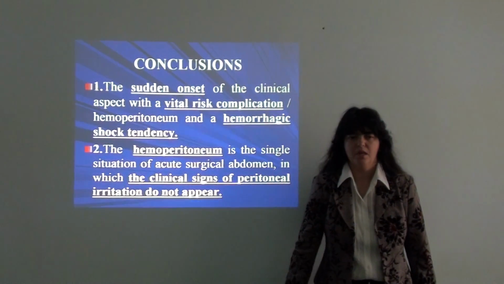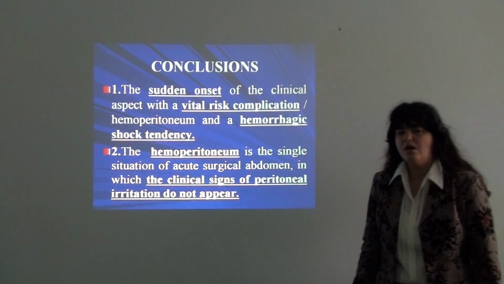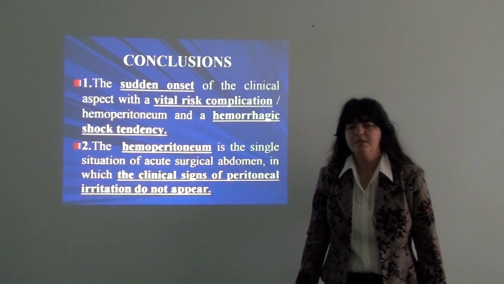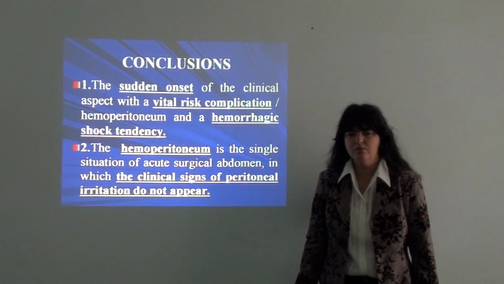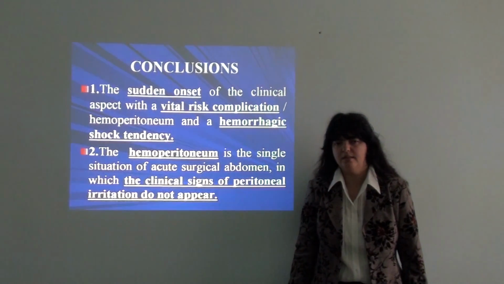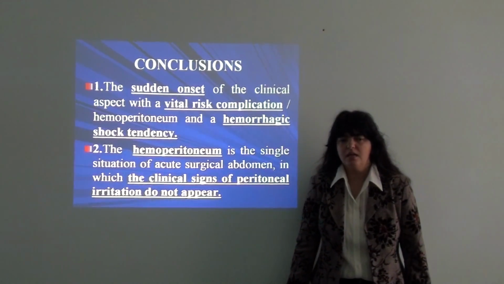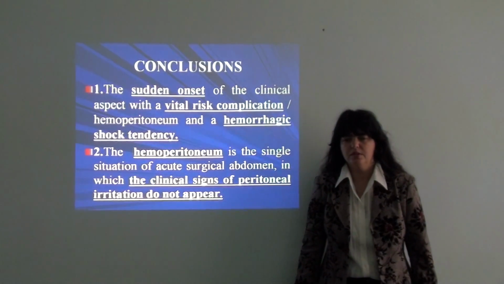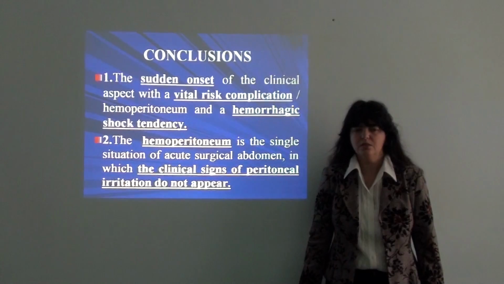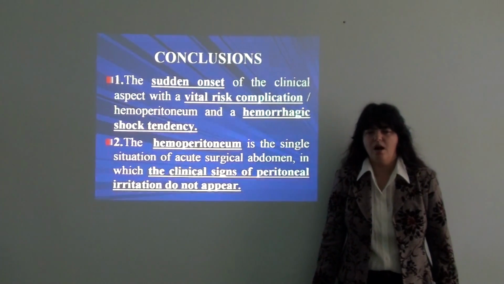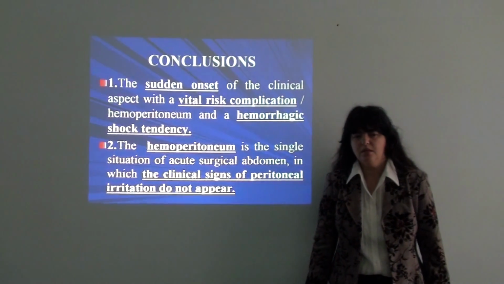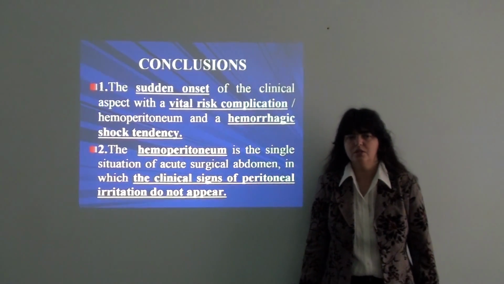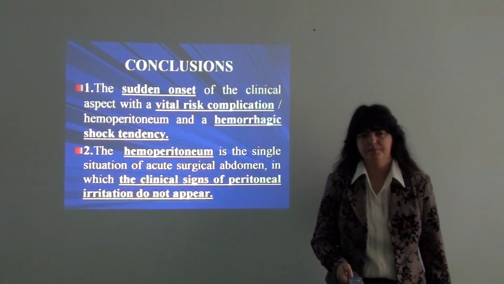Conclusions. The sudden onset of the clinical aspect with a vital risk complication, hemoperitoneum, and a hemorrhagic shock tendency. The second important conclusion is that the hemoperitoneum is the single situation of acute surgical abdomen in which the clinical signs of peritoneal irritation do not appear.